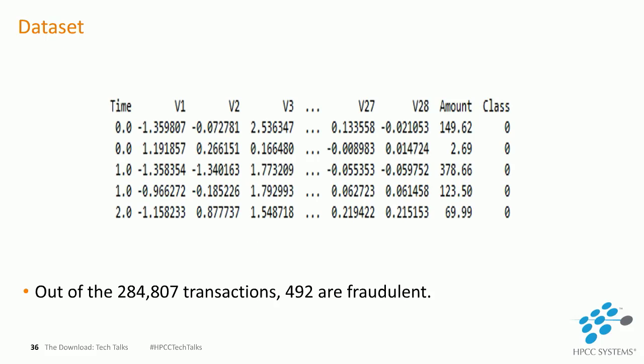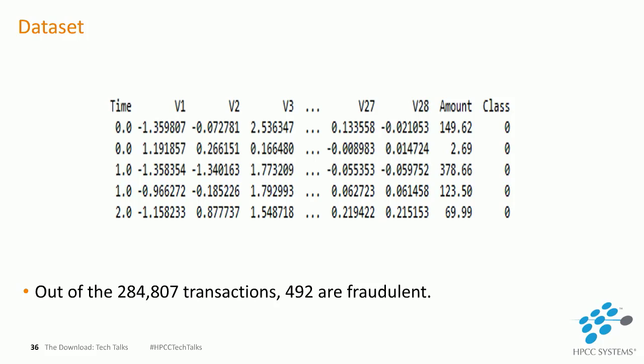Diving deeper into the data set, these are the first 5 records. The time field indicates the number of seconds that have elapsed since the first transaction took place. The amount field obviously represents the amount. The V1 to V28 fields are the 28 most significant vectors after performing a principal component analysis on it.